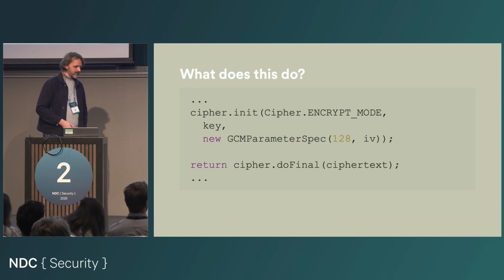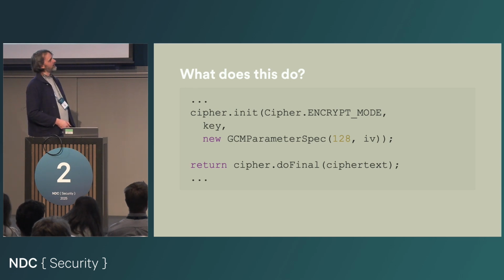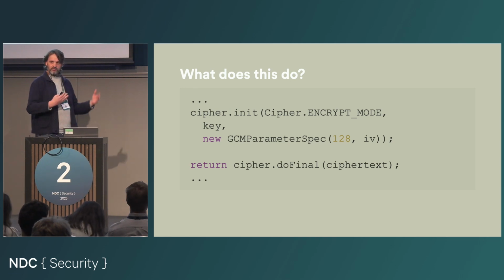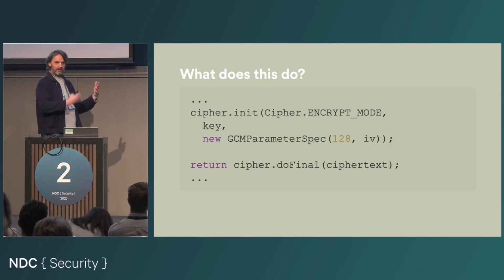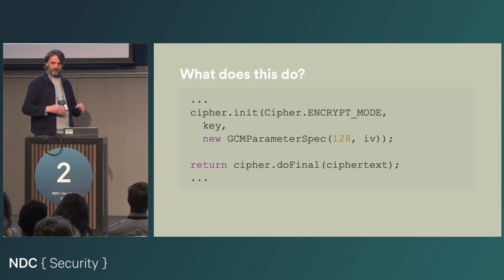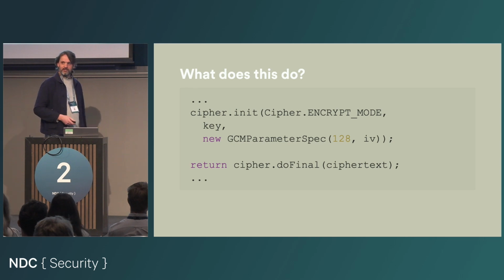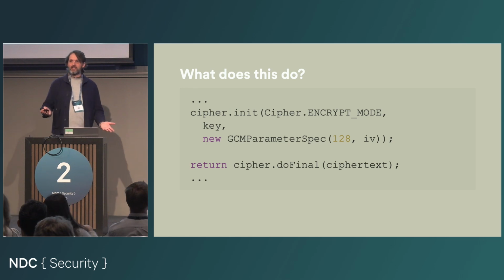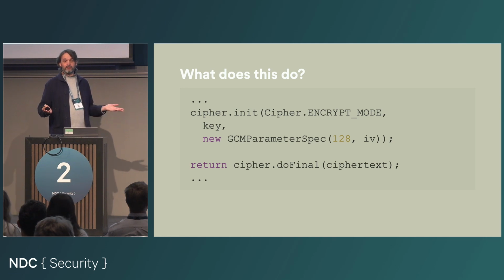So this is that same decryption code, but the decryption and the encryption are kind of similar code. So typically what a developer will do is write the encryption part and then copy and paste it into the decryption thing and then make the changes until it works. But if they accidentally leave that saying encrypt mode, does anyone know with GCM what would happen if you try and decrypt but you've got it in encrypt mode? Does anyone know? Anyone want to hazard a guess? It works.